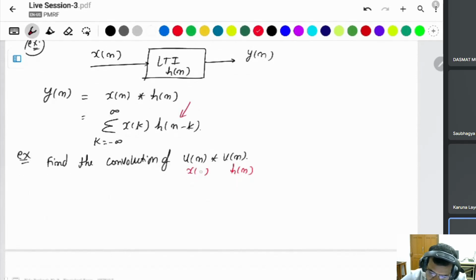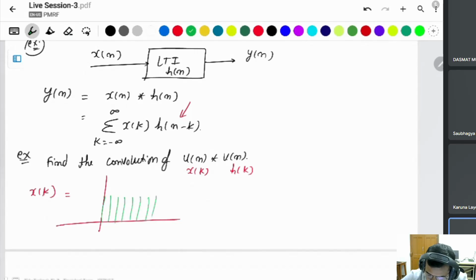Take this one as x[k], this is h[k]. You know x[k] is u[n]. u[n] should be represented as a unit step signal in discrete time, like that, 0 to 1. h[k] is also the same because this is also u[n].